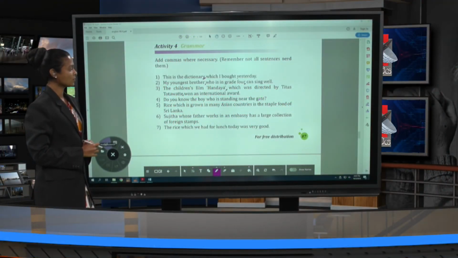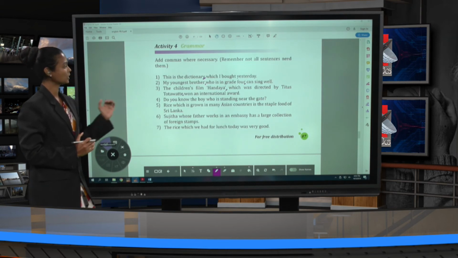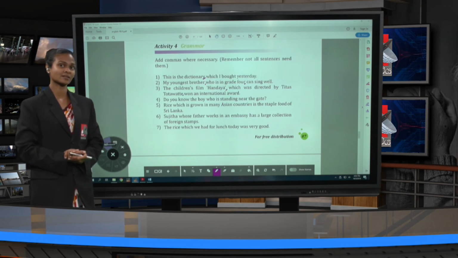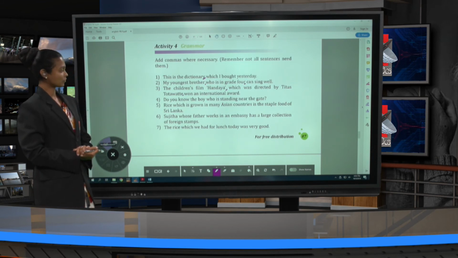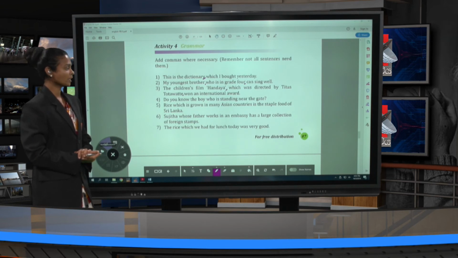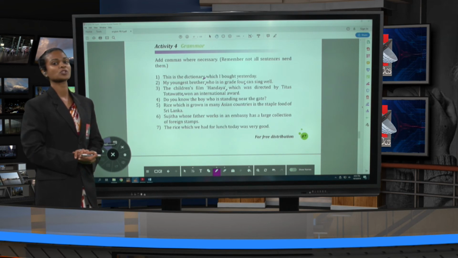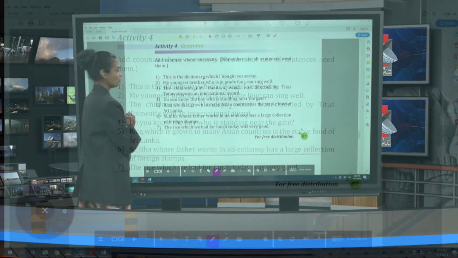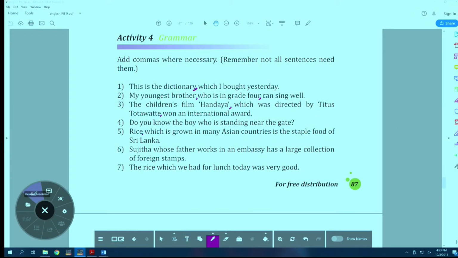Do you know the boy who is standing near the gate? You can use it like that, without commas. Fifth one, rice, which is grown in many Asian countries, is the staple food of Sri Lanka.